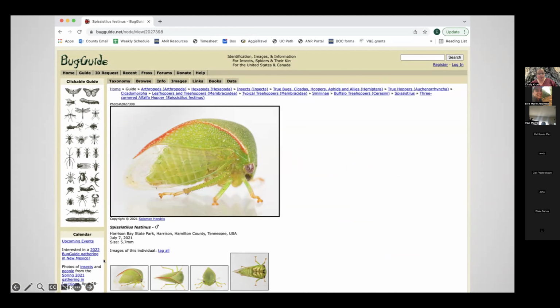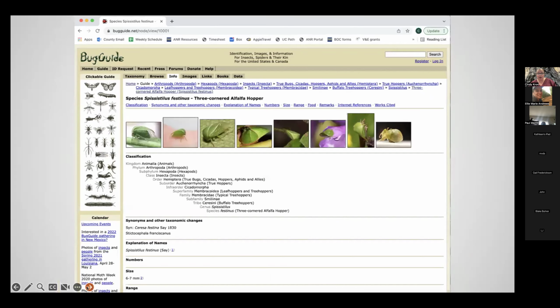It shows you more photos and you look at what you have, and you look at where they found it, to make sure, okay, is this found in California? Well, this one says they found it in Tennessee. But that doesn't mean anything, some insects are across the US. So here's the classification again.